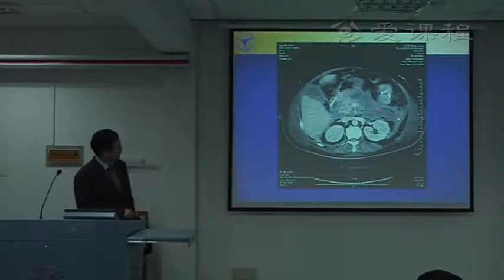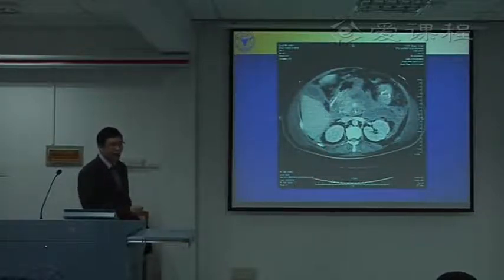Almost all the pancreas was necrotic, only a little normal pancreatic tissue. All of it is hypodense. Almost all the pancreas was digested by itself. So it's severe. Also we can see edema of the gallbladder.